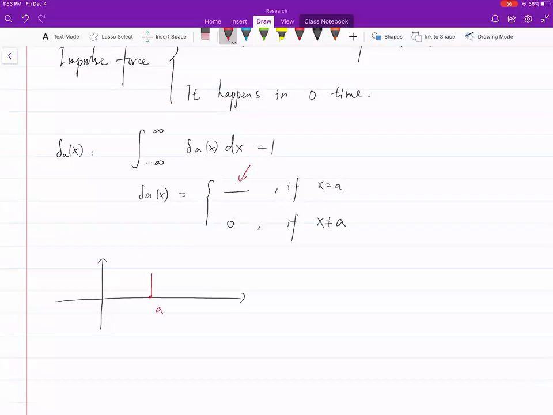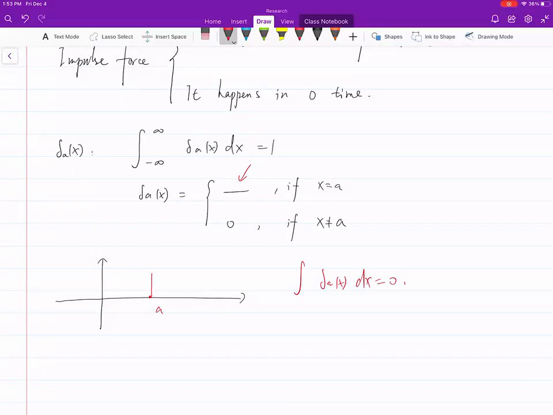All right? But this function is 0 everywhere, except at one point. How do you integrate a single point instead of an interval? Can you see that no matter what number you put here, if you take the integration, it's going to be 0, no matter what.